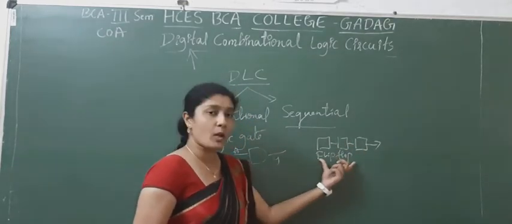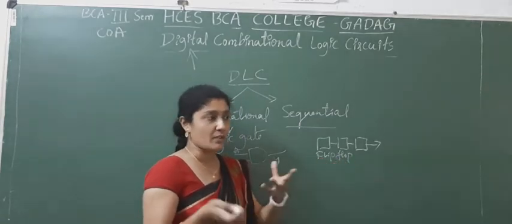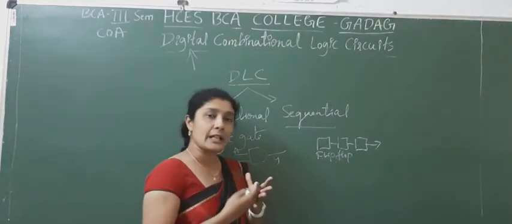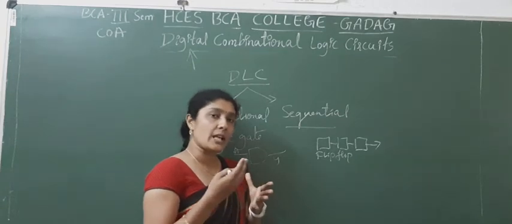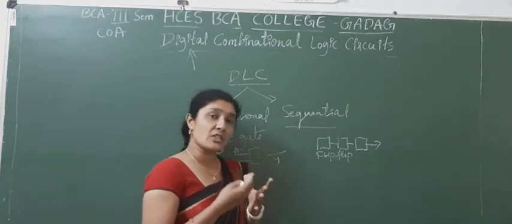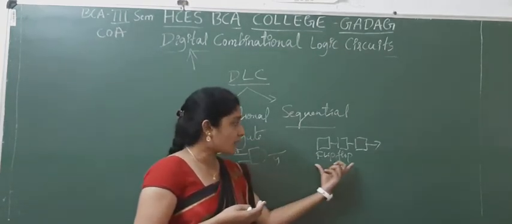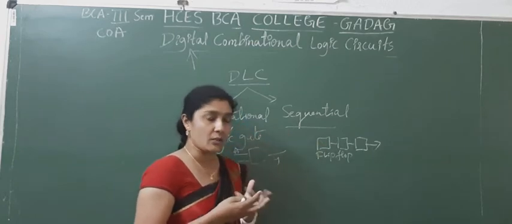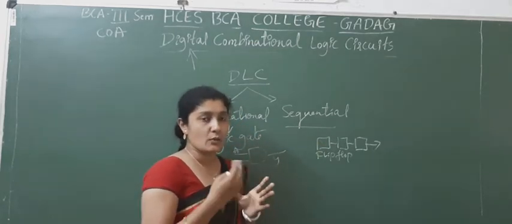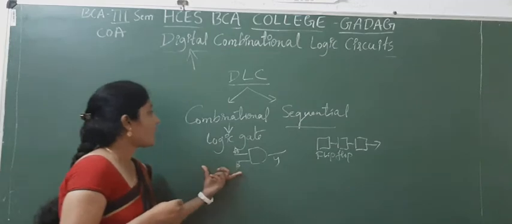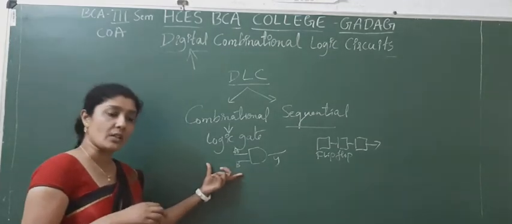This flip-flop we will study in the upcoming classes because we have so many flip-flops like D flip-flop, T flip-flop, SR flip-flop and J flip-flop. All these sequential circuits we will study in the next class. As of now, today we will study only the combinational logic circuits.